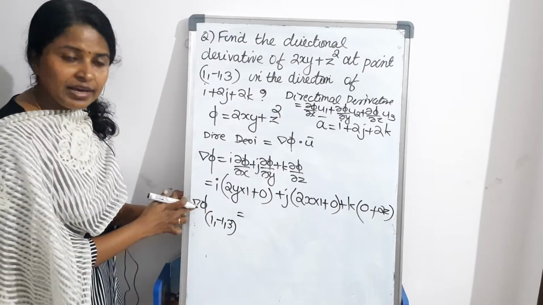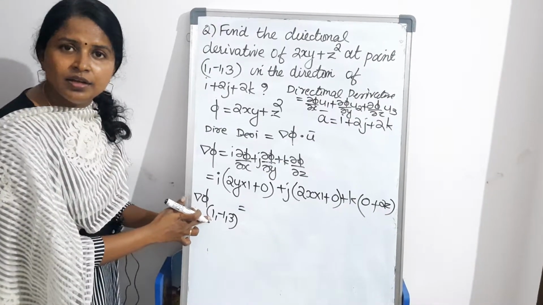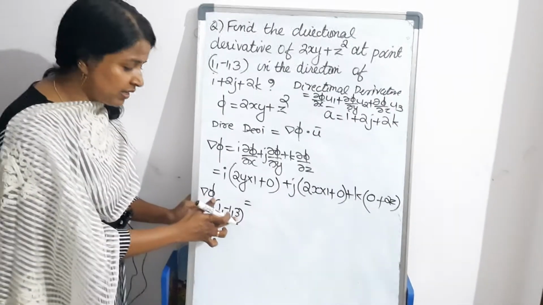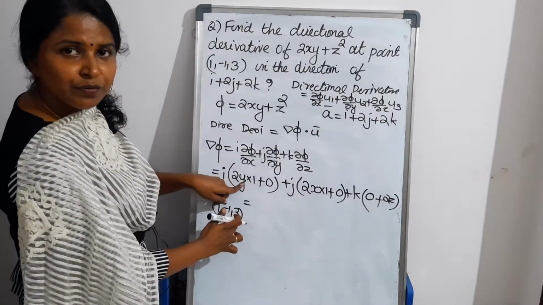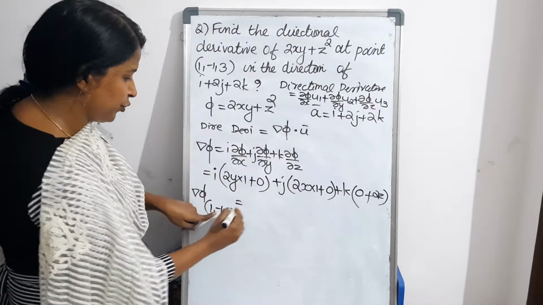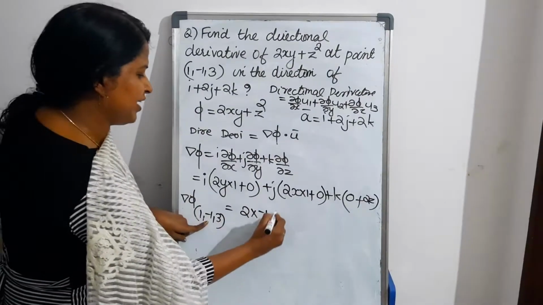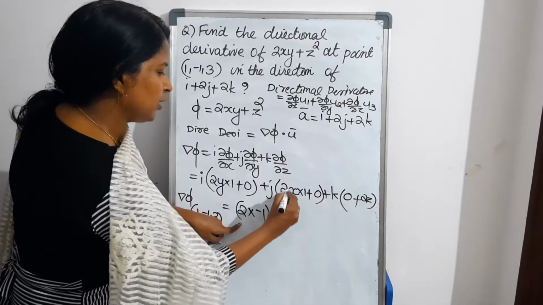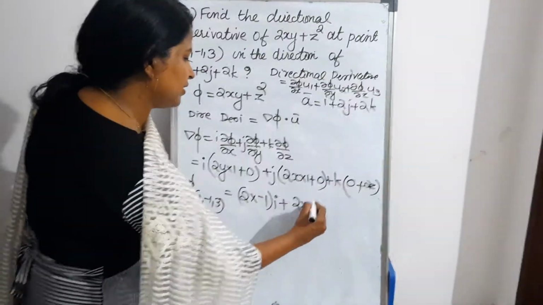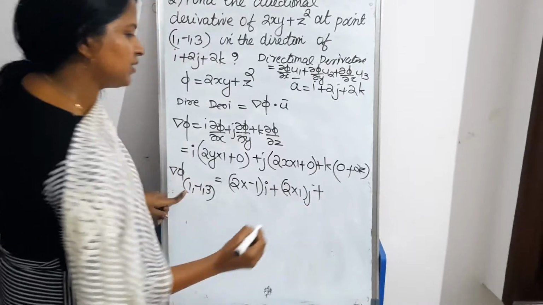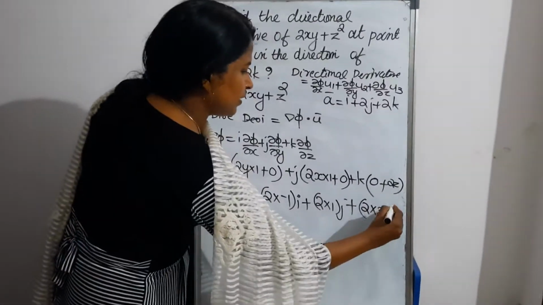Then del phi at the point (1, -1, 3). That is, put x equal to 1, y equal to -1 and z equal to 3 in del phi. That is equal to, listen, 2y, here 2 into y into 1 is 2y. So 2 into y, y is -1, 2 into -1 i, plus 2 into x, x is 1, 2 into 1 j, plus 2z k, 2 into 3 k.